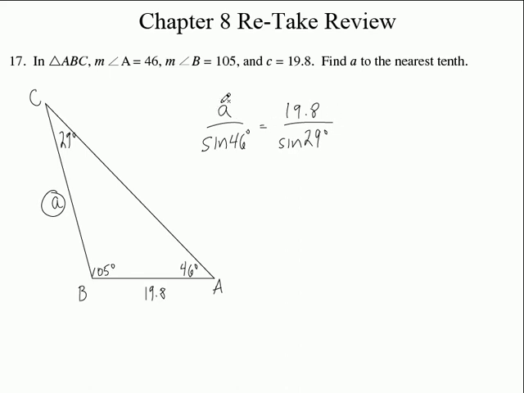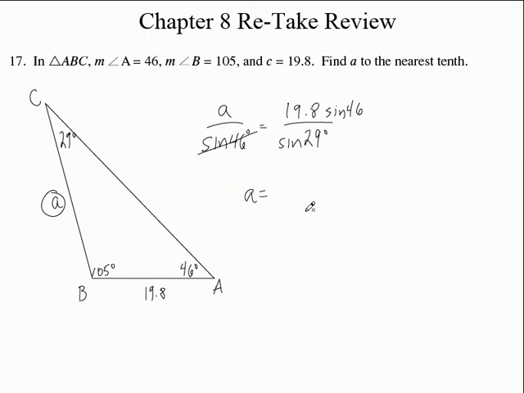And now, by putting the A on top, I can solve for A kind of easy. I can just multiply both sides by the sine of 46, so it's going to be sine of 46 right here. See what I did? I multiplied both sides, it just goes away here and it goes on top up there. Now, I just plug all this stuff into a calculator.